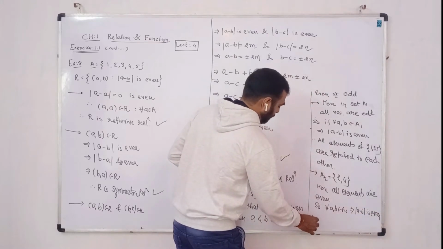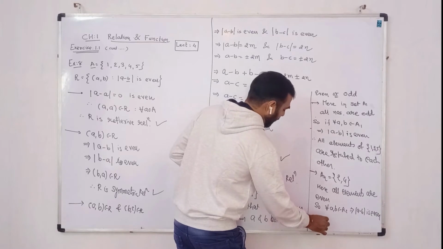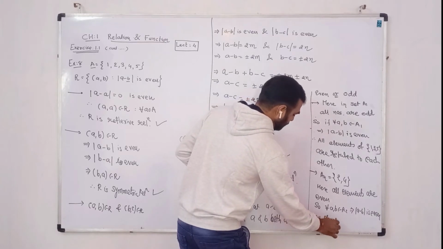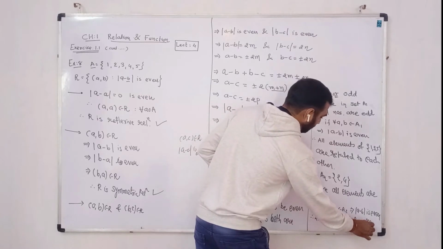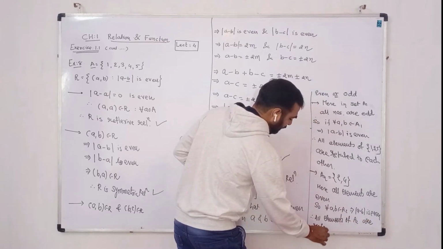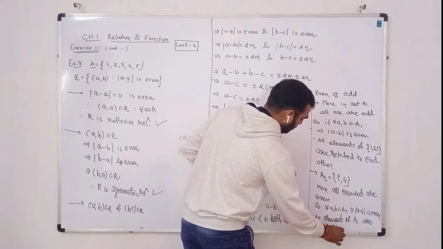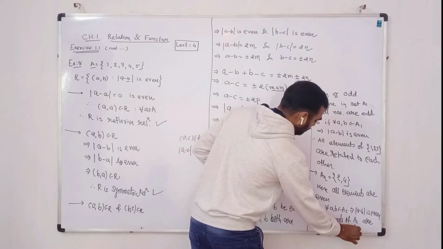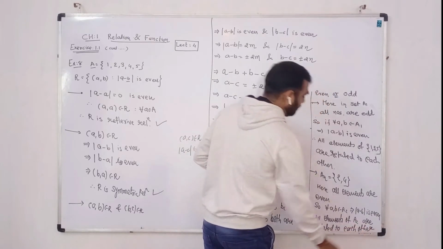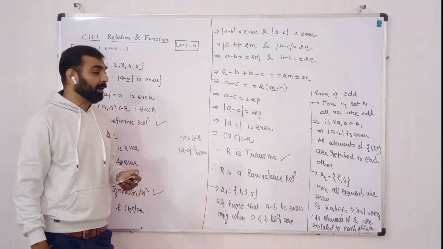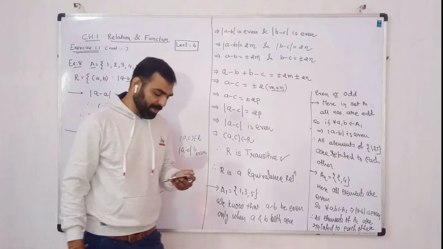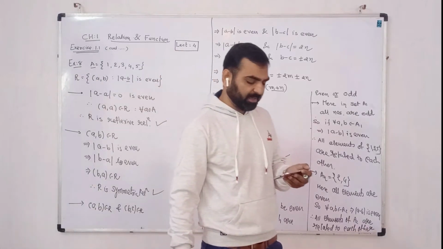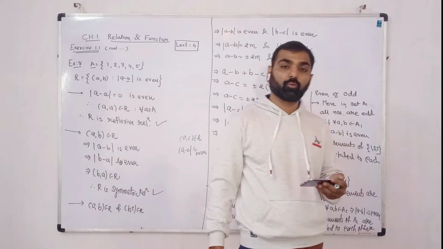Therefore all elements of A2 are related to each other. But the next statement is, no element of {1, 3, 5} is related to any element of {2, 4}.